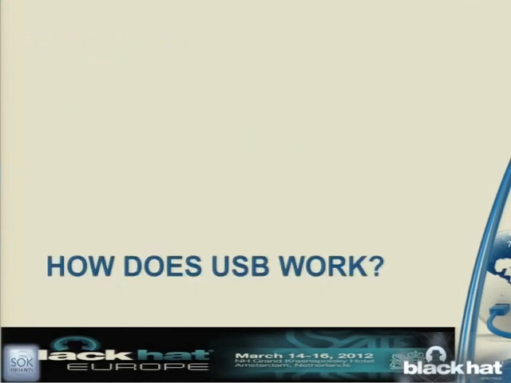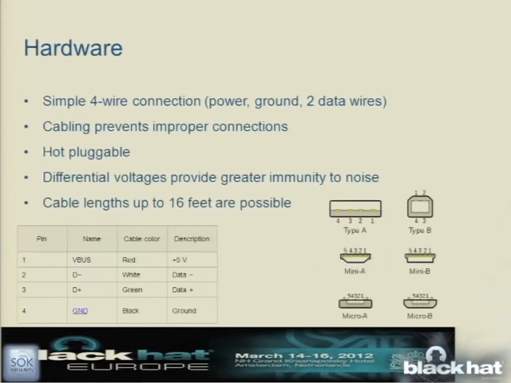So how does this work anyway? Well, from a user perspective, they try to make it simple. They try to make it foolproof. From a developer's perspective, it's a little bit more of a pain. All right, so hardware, it's pretty simple, 4 wires. USB 3.0 has some more wires, but that's another story.